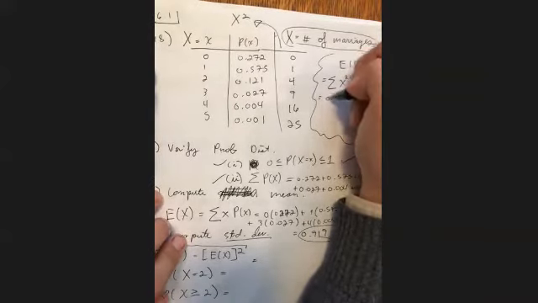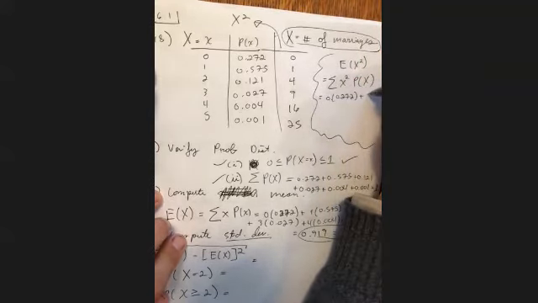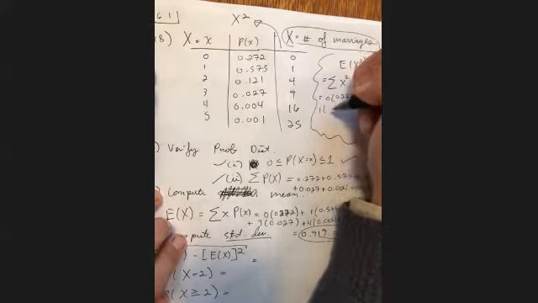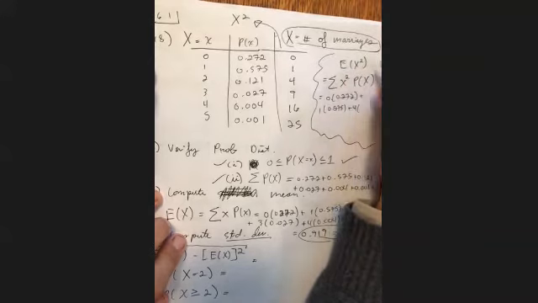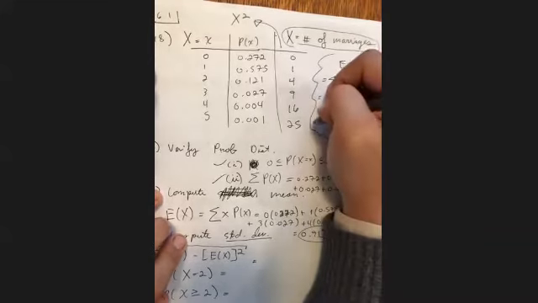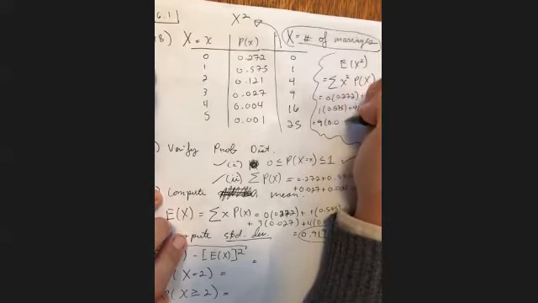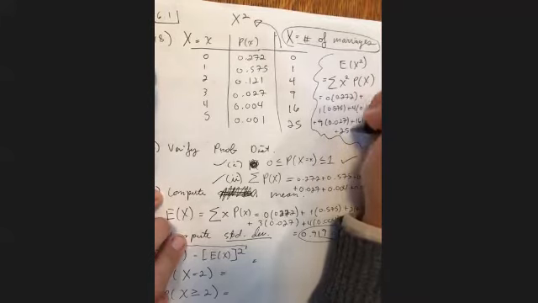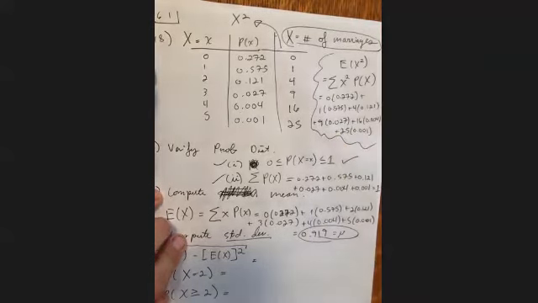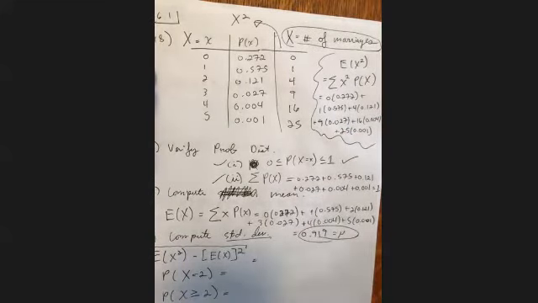So 0 times 0.272 plus 1 times 0.575 plus 4 times 0.121 plus 9 times 0.027 plus 16 times 0.004 plus 25 times 0.001. So finding the expectation of x squared.